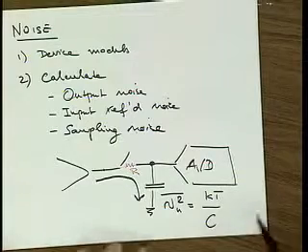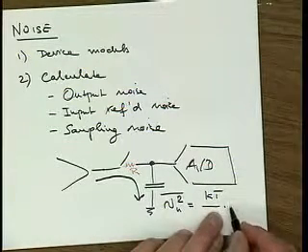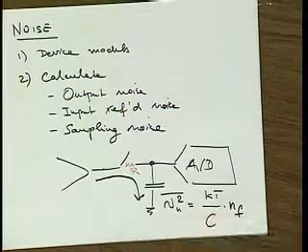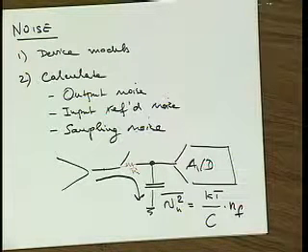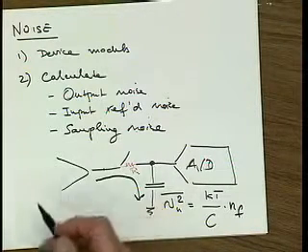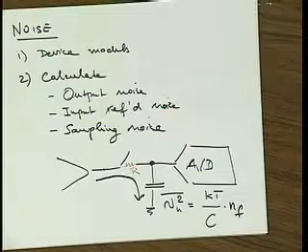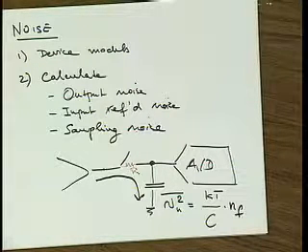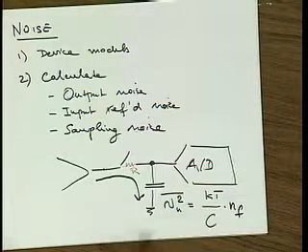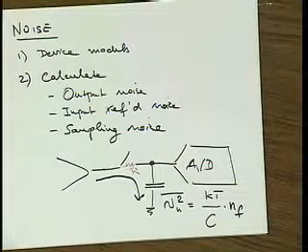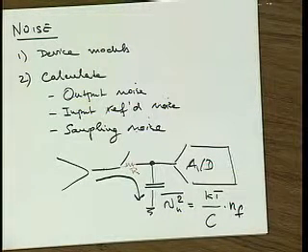The equation looks almost the same, with the exception that it is multiplied by a factor that I usually call NF, the noise factor. Depending, for example, on how this amplifier is built, this noise factor can be equal to 1, or bigger than 1, or less than 1. I can tell you most of the time it's bigger than 1, unfortunately.